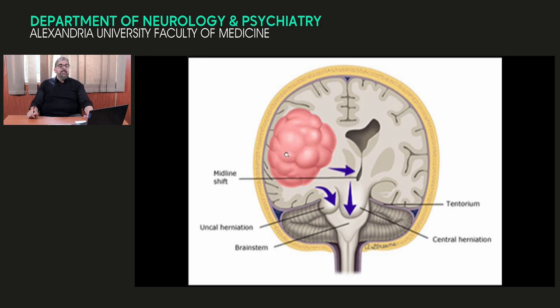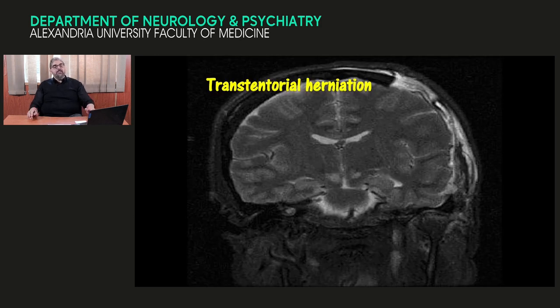This is the lesion. It may shift to the other side, causing what is called midline shift. It may pass through the tentorium, causing transtentorial herniation. And in the central structures, if the supratentorial structures pass centrally, causing downward herniation of the supratentorial structures, this is called central herniation. These are some imaging examples.